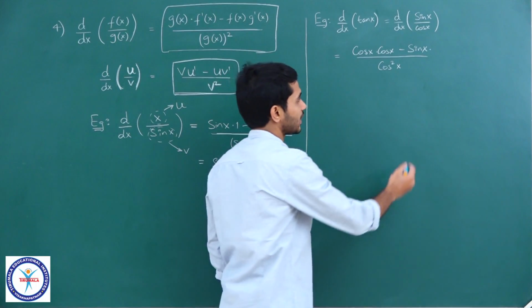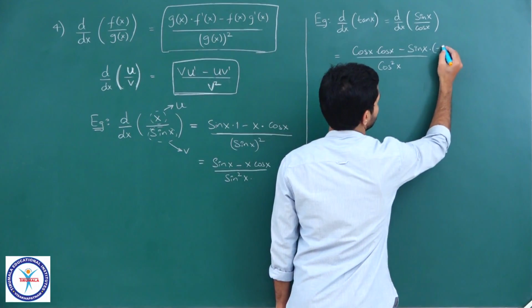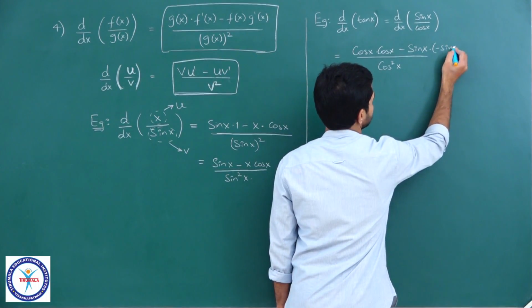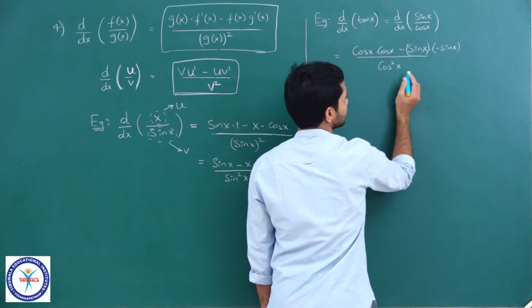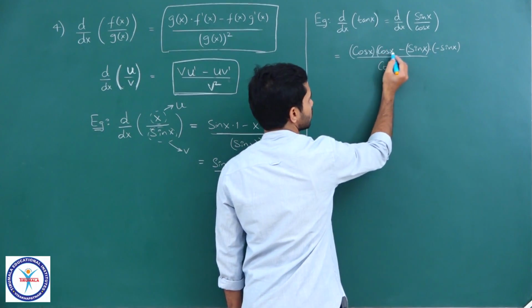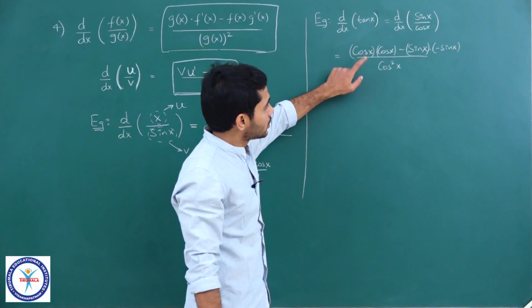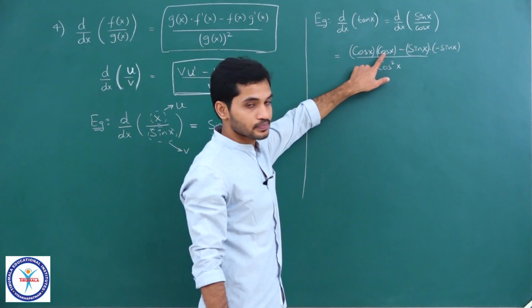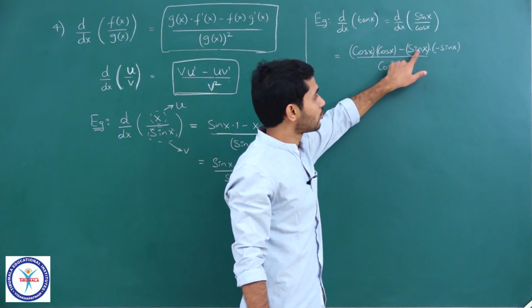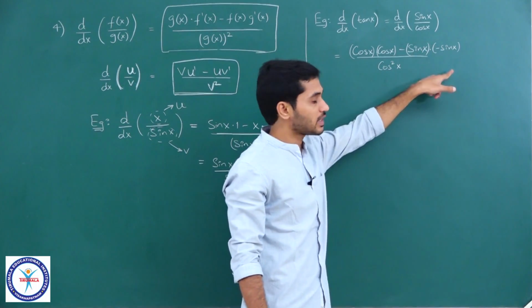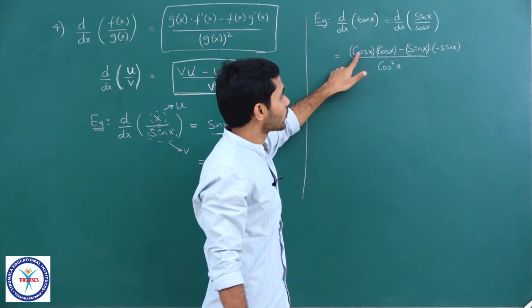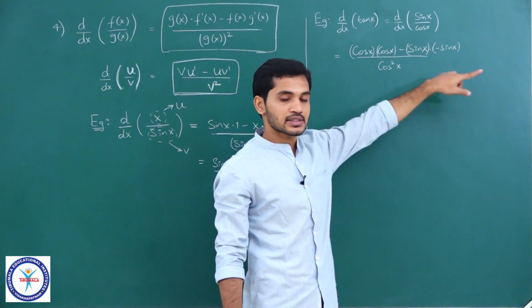We know that it is minus sin x. So, sin x into minus sin x, cos x into cos x, correct. If you look at the numerator, we have cos square x minus sin square x, which becomes plus. So, eventually we will have cos square x plus sin square x.